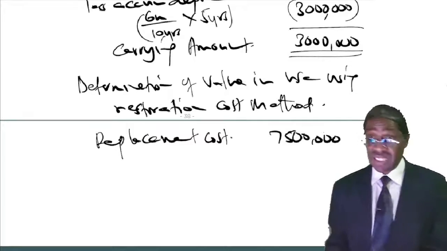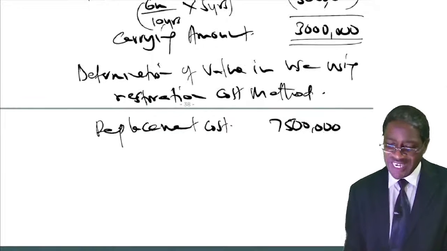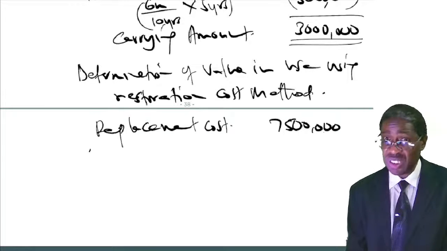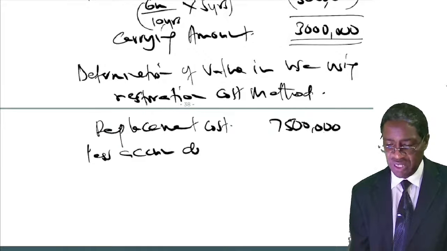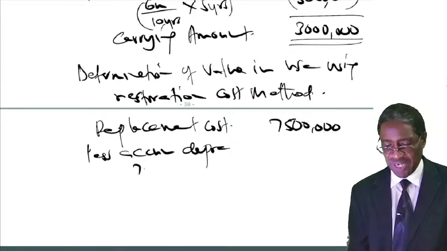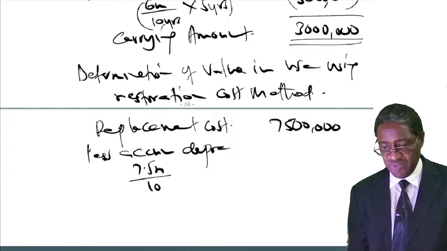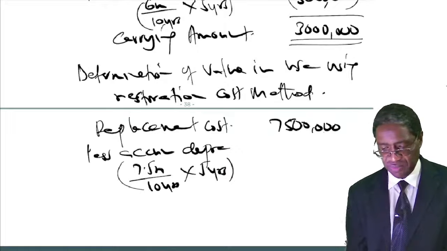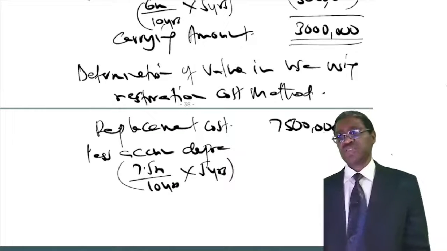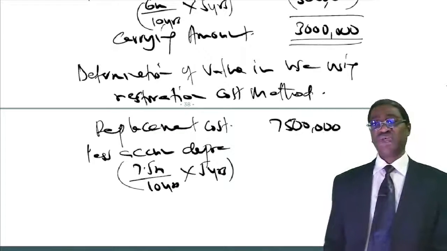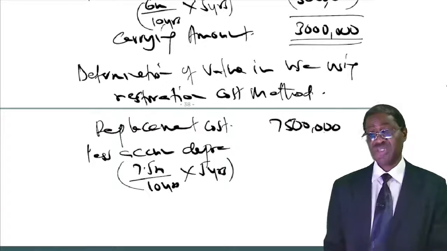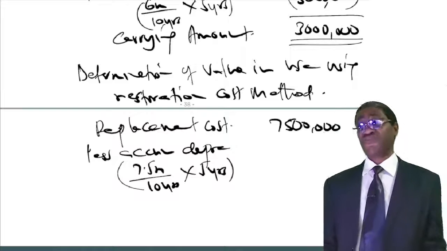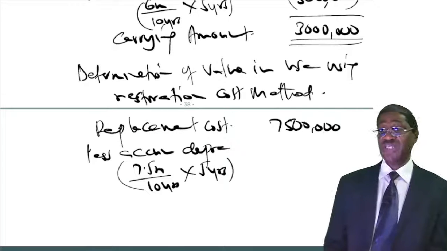Then we less the accumulated depreciation based on the replacement cost. That will be 7.5 million divided by the useful life of 10 years, multiplied by 5 years. So it looks like again a half. 5 over 10 is a half.